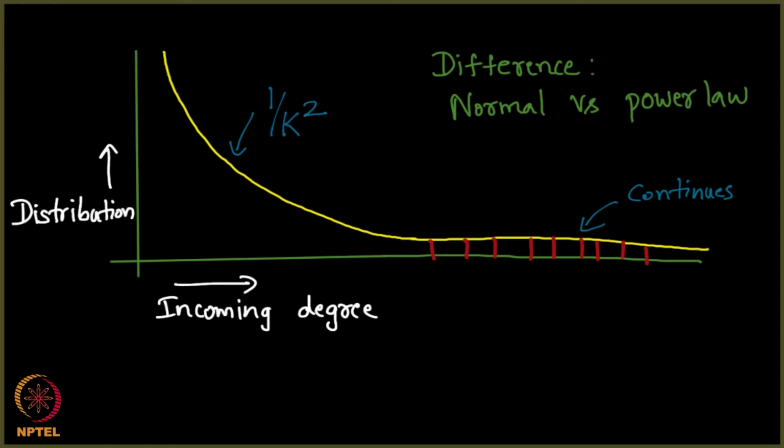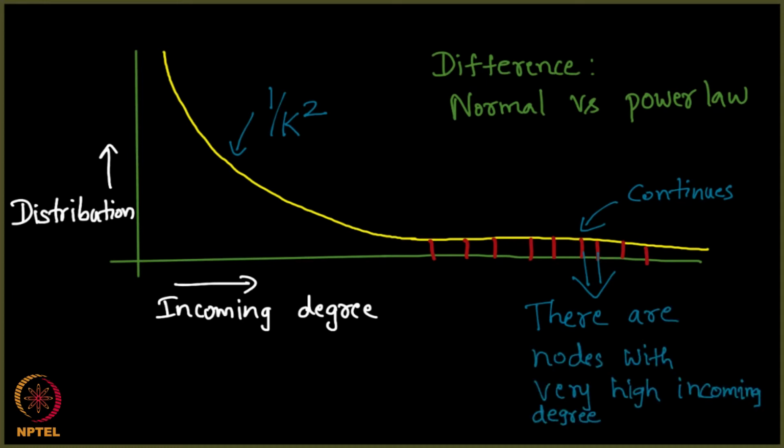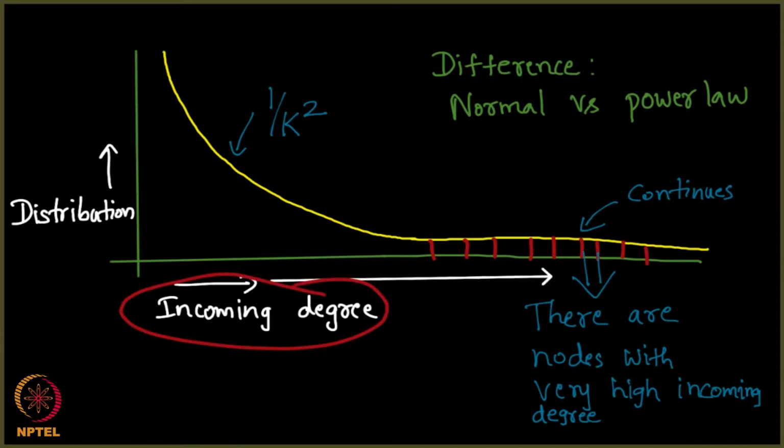This goes on. Goes on means what? It means there are nodes with very high incoming degree. Do you think that's what this means? Look at this x-axis. X-axis means what? We just wrote it: the incoming degree. The incoming degree is very high as it goes on the right side of the x-axis. And the yellow line denotes that there are nodes with very, very high degree.